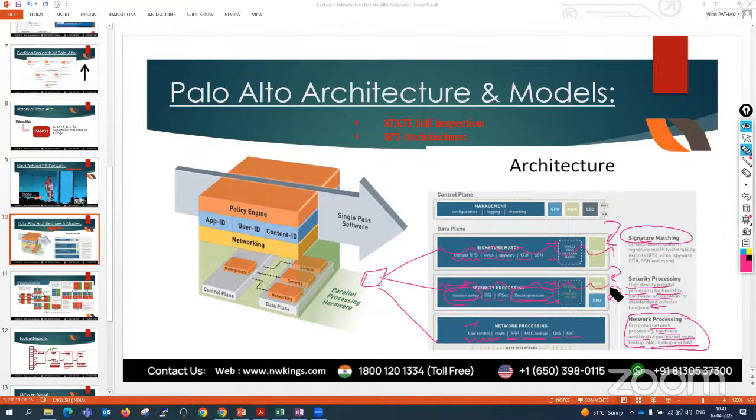That is called parallel processing. So I hope this architecture SP3, single pass parallel processing hardware, you now understand the functionality, why we call it SP3.